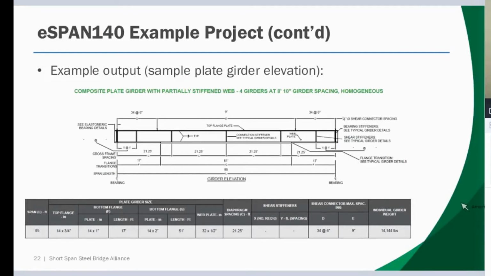Once you input all of that information, you click generate, and then it cranks away, takes about 30 seconds, and it will generate a customized PDF solution for your given project.